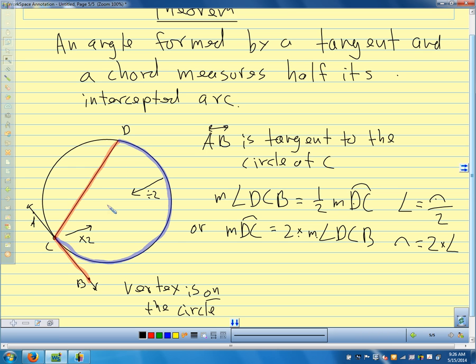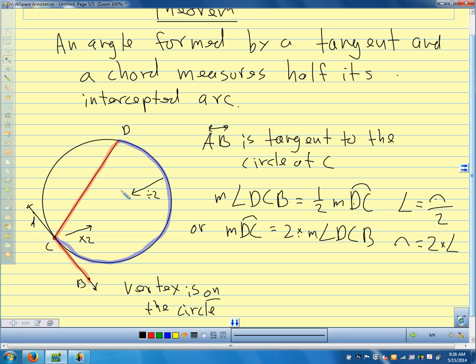If our chord was a diameter. So if the tangent is tangent to a diameter or to a radius, then the angle is 90 degrees. But otherwise, we have to use this rule. Otherwise, we have to use this.